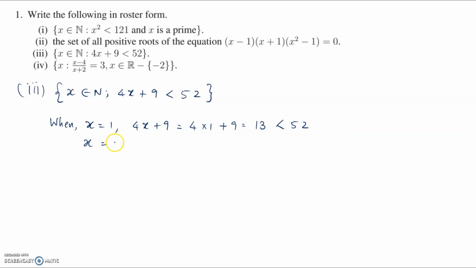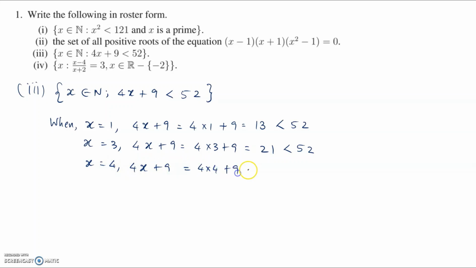If we take x is equal to, let's say, 3, then 4x plus 9 will be equal to 4 times 3 plus 9, which will be equal to 12 plus 9, that is 21. Again, it's less than 52. So let's take now x is equal to 4. Then 4x plus 9 will be equal to 4 into 4 plus 9, that is 16 plus 9 will be equal to 23. And again, that's less than 52.